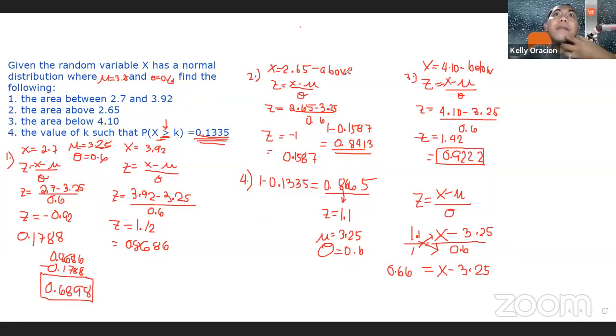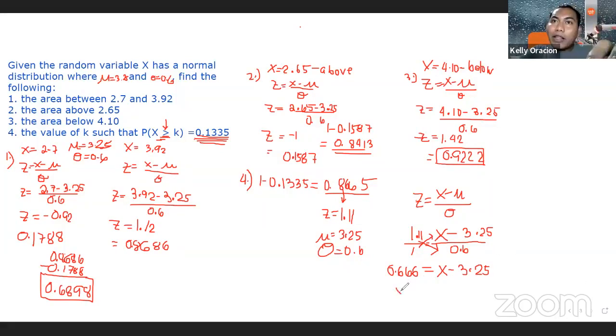Ay, 1.11 pala. Sorry, my mistake. Thank you for the correction. Okay? So let's proceed. 1.11 times 0.6 is 0.6666.